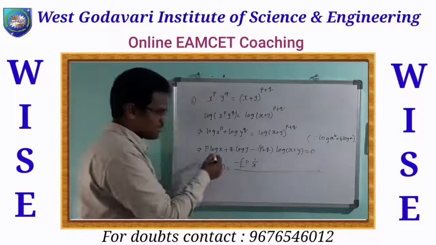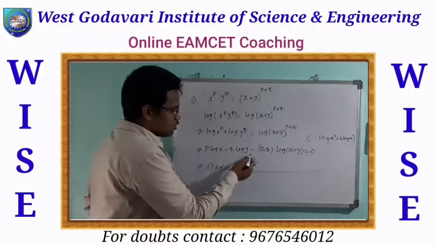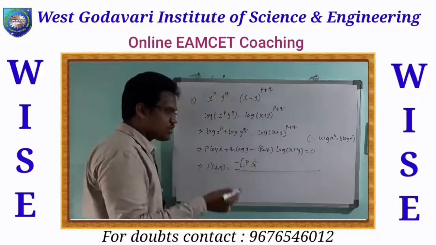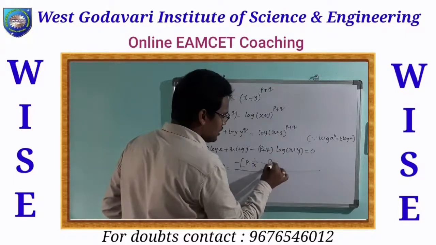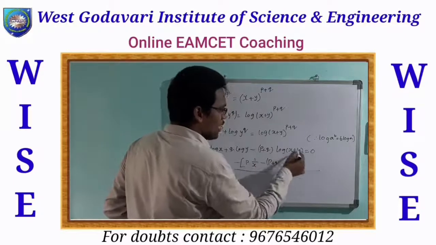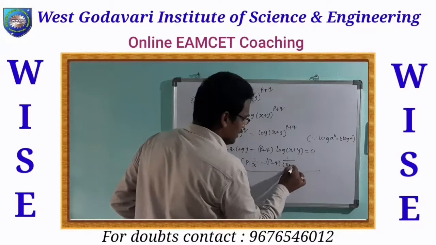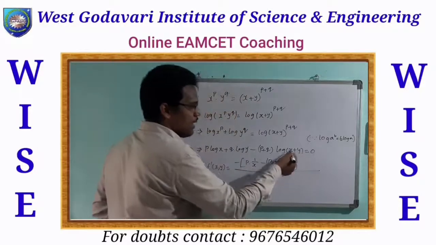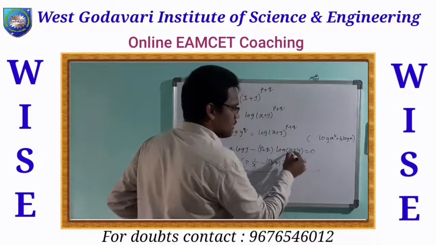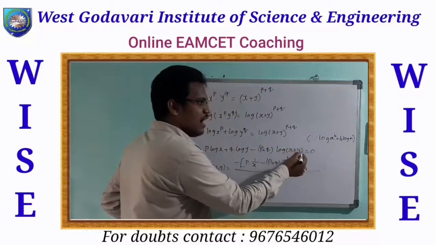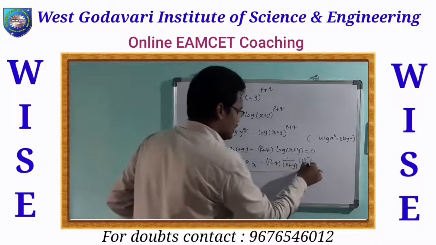With respect to x we are differentiating this equation, so q log y is a constant and becomes 0. Coming to the next part, p plus q is constant, log of (x plus y) gives 1 by (x plus y), and again differentiation of x plus y with respect to x is 1, because d by dx of x is 1 and d by dx of y is 0. This is the numerator term.